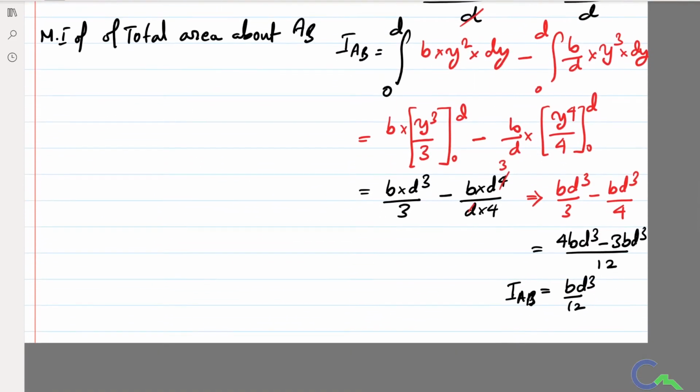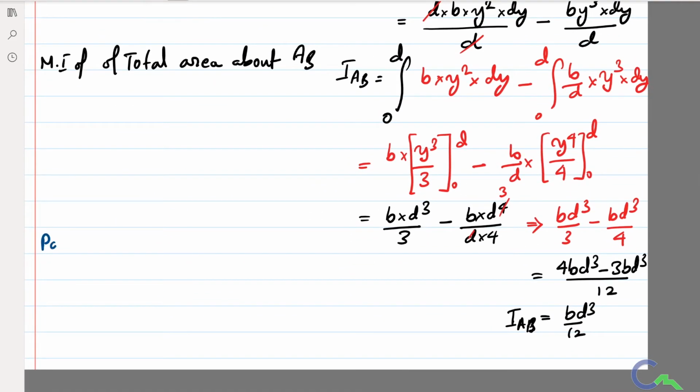So from the parallel axis theorem, if I recall, the moment of inertia about a reference axis which is parallel to the centroidal axis can be written as IAB is equal to IXX, the moment of inertia about the centroidal axis, plus area into the distance between the two axes.